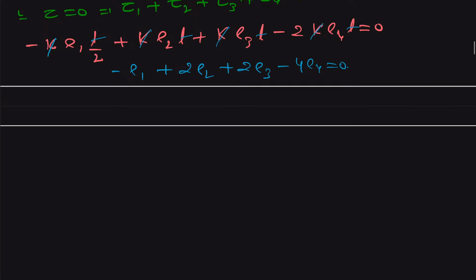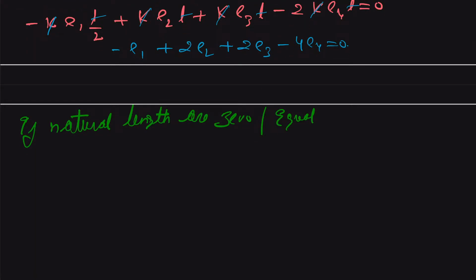So if the natural lengths are 0 or they are equal, then we can say that our extension, which we are denoting as E, or suppose E of i, where i varies from 1 to 3 to 4, will be giving us S of i.